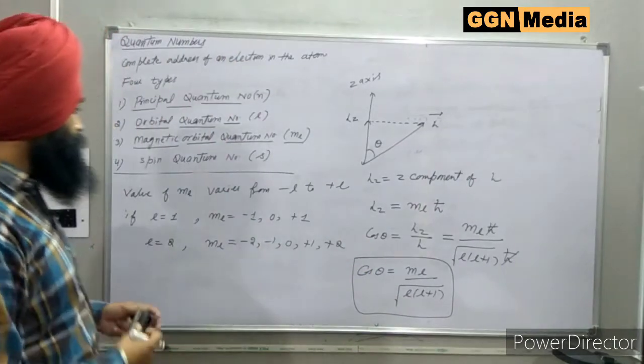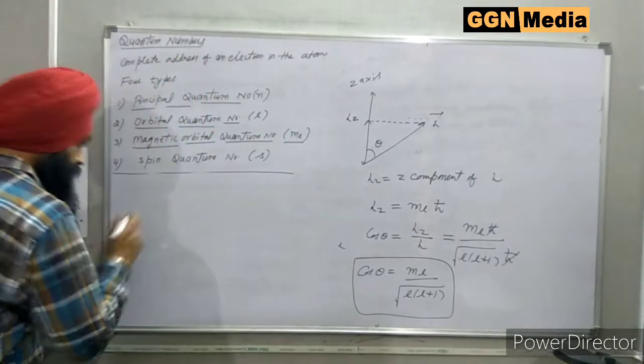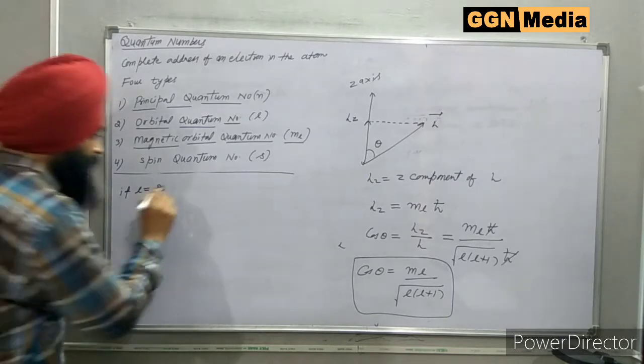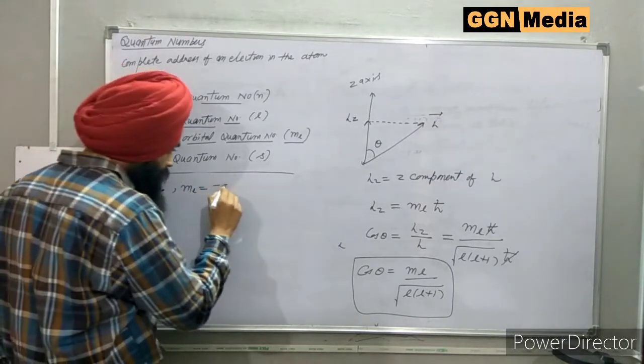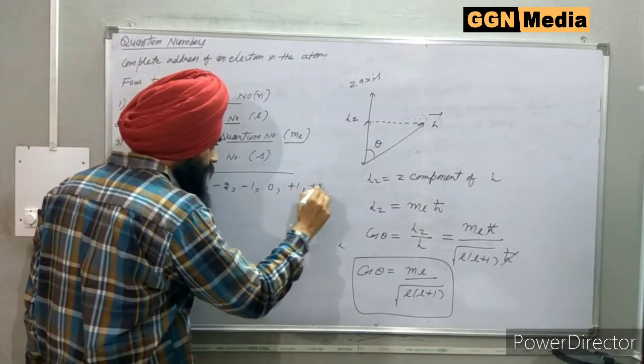Let us take an example. If L is equal to 2, the value of ml is minus 2, minus 1, 0, plus 1, plus 2.